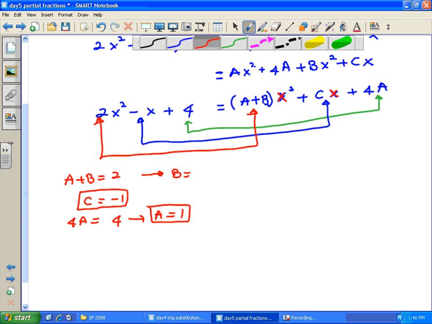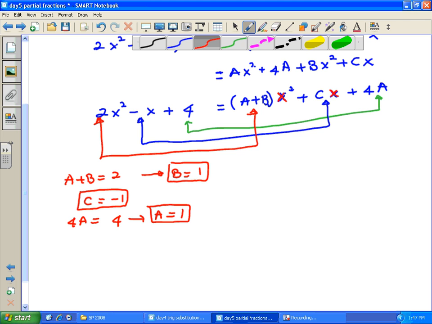What is b? 1, because we plugged 1 for a, so b is 1. Okay, let me stop for a moment, see if there are any questions about how we got the a, b, c in this case. So usually when you have irreducible quadratics, it's usually easier to multiply it all out and then set the coefficients of like terms equal to each other.